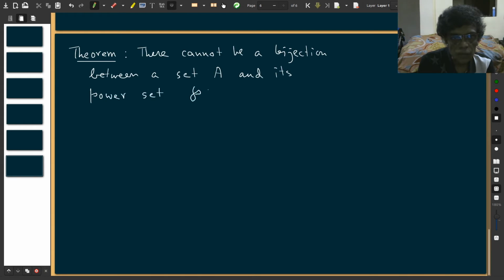You can write it this way, power set of A, or you can write it as 2 power A, whichever symbol you want to use, it is fine.